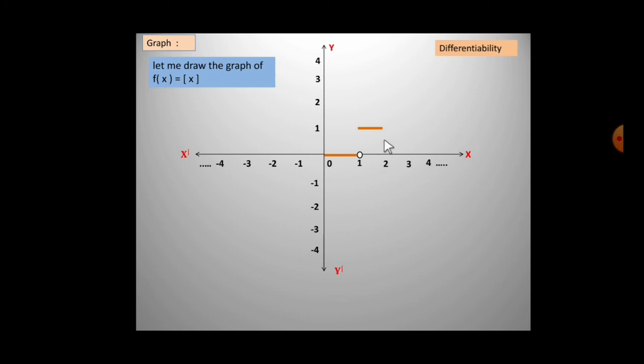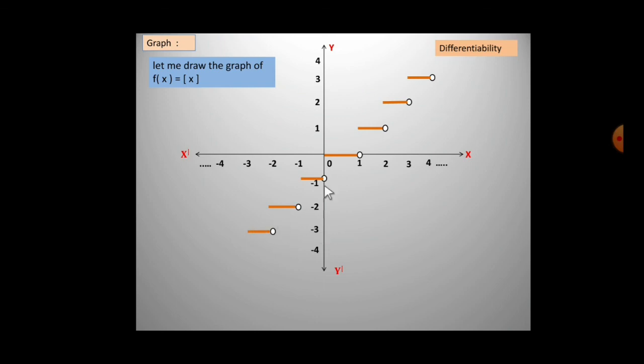And at x equal to 2, here it is open, because at 2 the value is 2, like this it is continuous. For negative numbers, for 0 it is 0, already the point is here, therefore this line should not touch the axis, so on the left side it will come. And this is the graph of greatest integer.